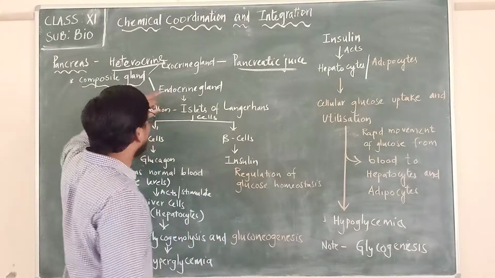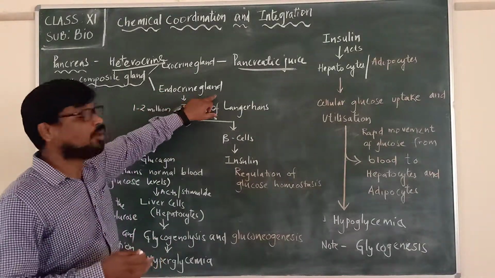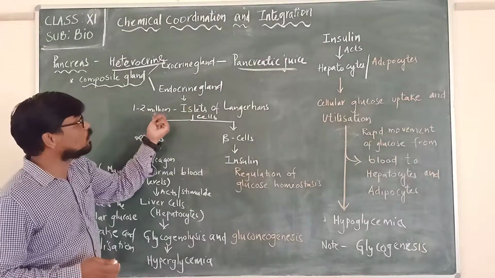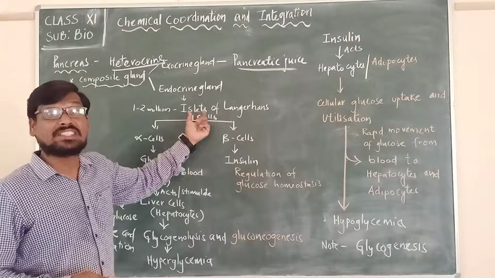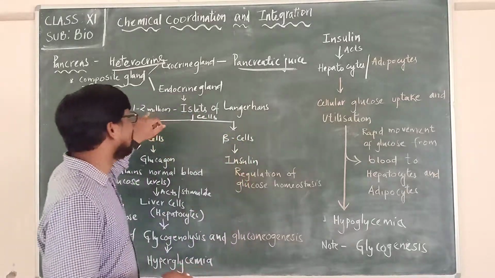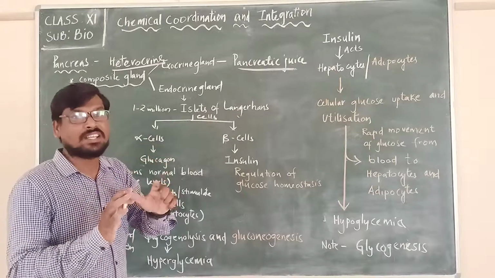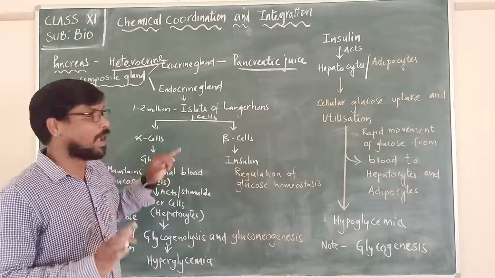Now, studying it as an endocrine gland, about 1 to 2 million cells called islets of Langerhans are present in the pancreas.